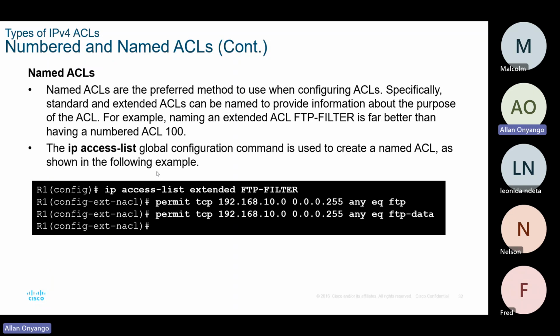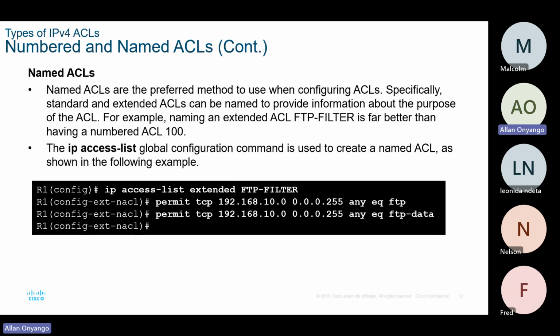So that means named ACLs are far better than the numbered ACLs. Remember, when creating the numbered ACLs, we start with access-list. But when you create named ACLs, you start with IP access-list. But you must say whether it is extended or standard, and then you give the name. Very, very important: for named ACLs, you must indicate whether it is standard or extended, for the numbers will do the magic for you.